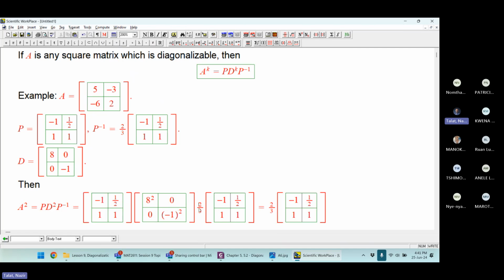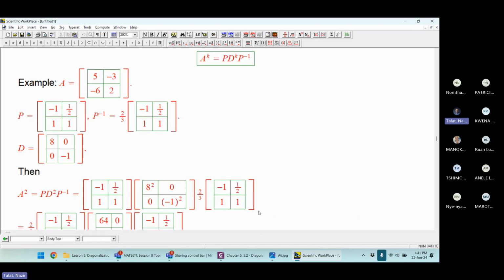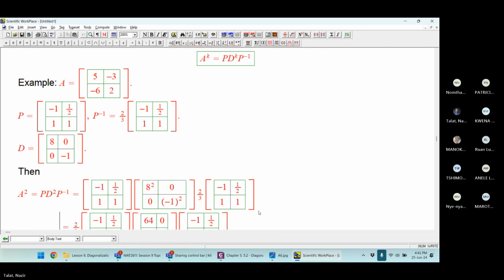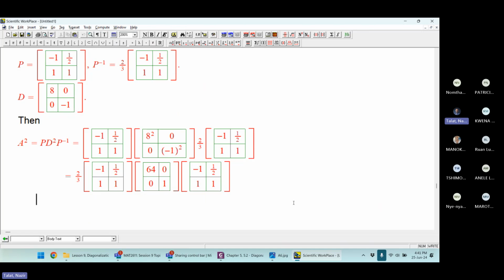The square of 8 is 64, and the square of minus 1 is 1, and this will remain the same because the common factor we took outside. Now this is very simple to just multiply here, this is the solution form of that, and look here, the thing will become simple.